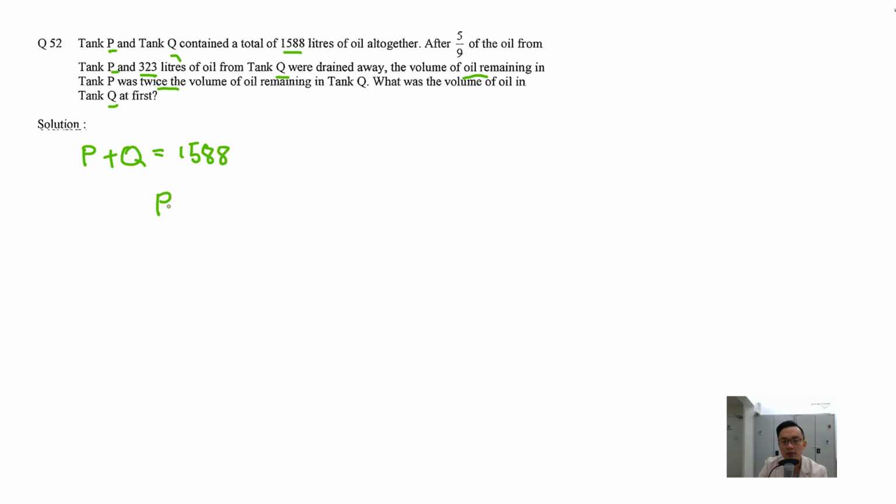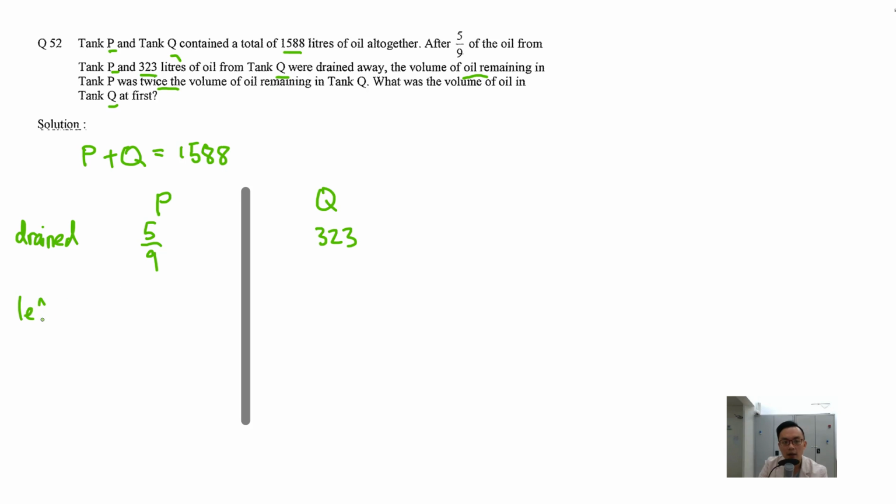Okay, so after 5/9 of the oil from P, blah blah blah, Q were drained away. So this kind of thing, right? This is actually like a ratio question. P and Q, let's draw a line to separate them. And they were drained. So how much were drained? 5/9 from P. Q is 323.